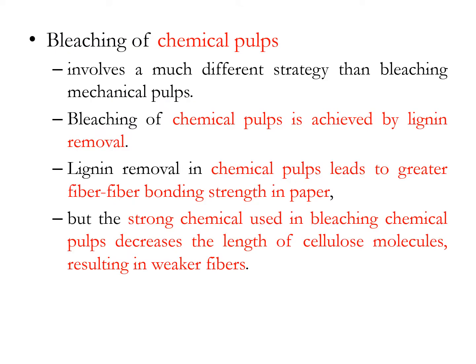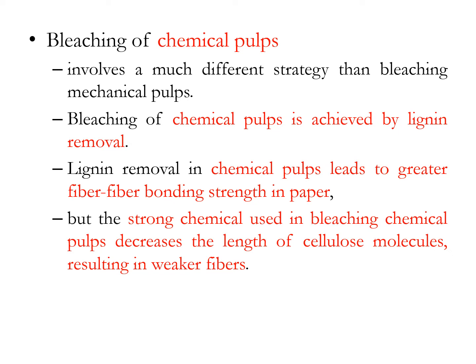Now let's talk about the difference of approach between bleaching of chemical pulp and bleaching of mechanical pulp. Bleaching of chemical pulp is achieved by removal of lignin and bleaching the residual lignin.